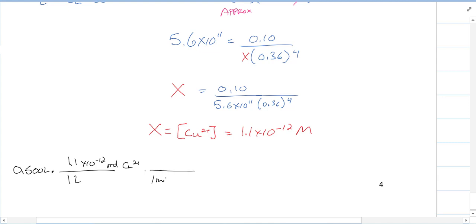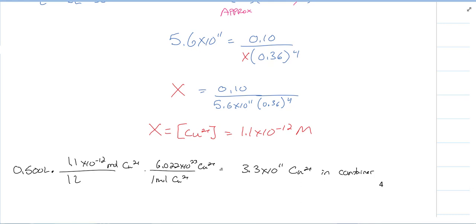And 1 mole happens to be 6.022 times 10 to the 23rd Cu2+. So that gives me 3.3 times 10 to the 11th Cu2+ in the container. That's 300 billion copper 2 ions in that container. Even though we think it's almost all gone, it's still quite a bit there.